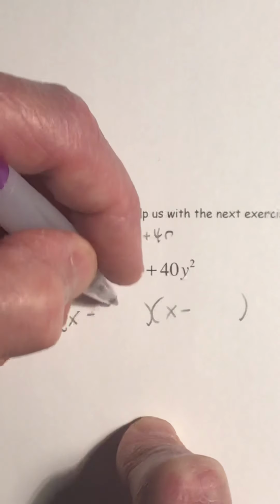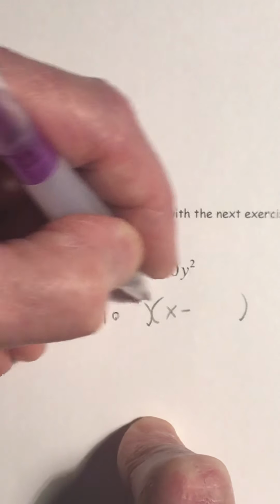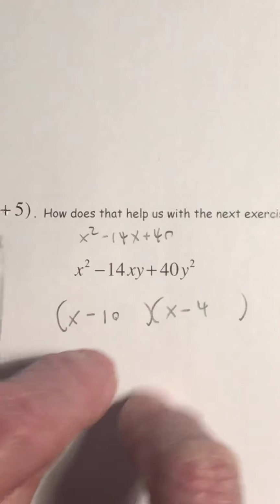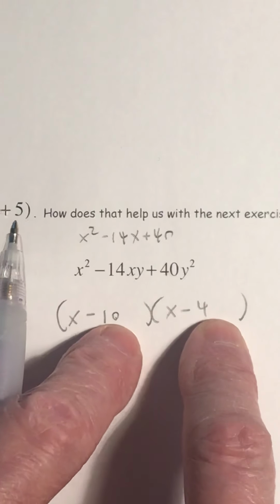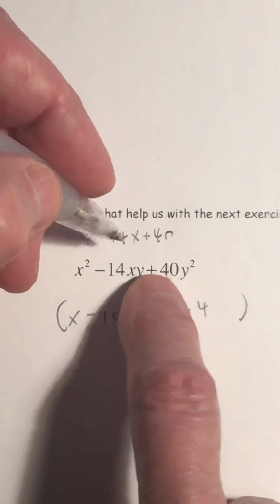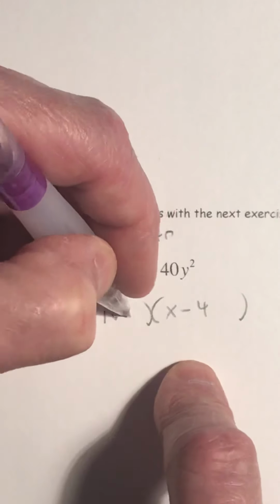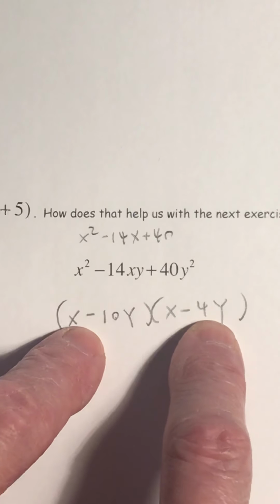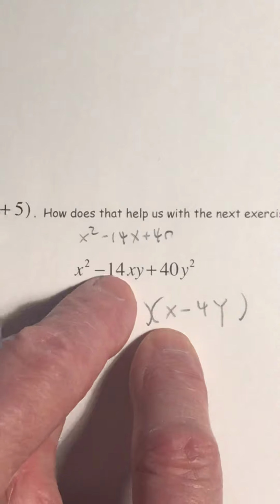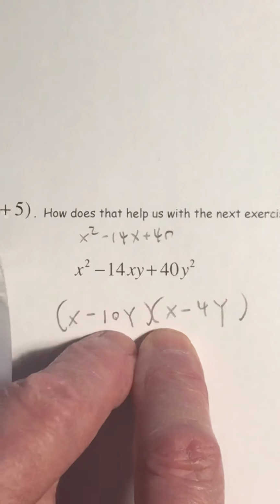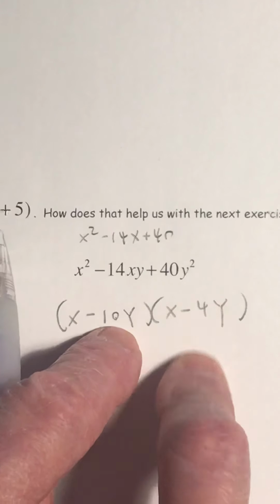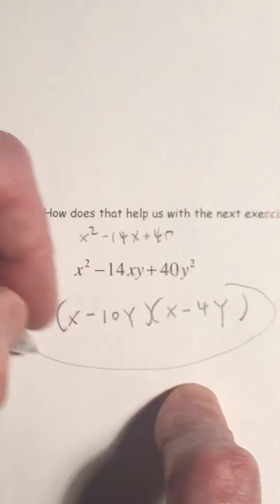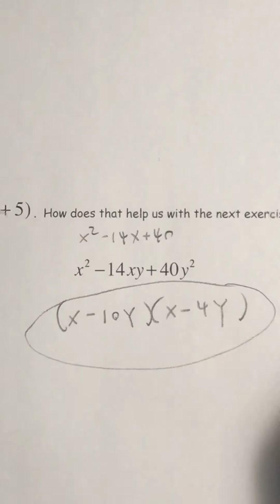So how about a 10 and a 4? And I left some extra room. I think you know why. I'm going to put that extra variable, the y, in there. See, and if we would multiply this out, we'd get x squared and minus 4xy and minus 10xy for a total of minus 14xy and plus 40y squared. That takes care of that.